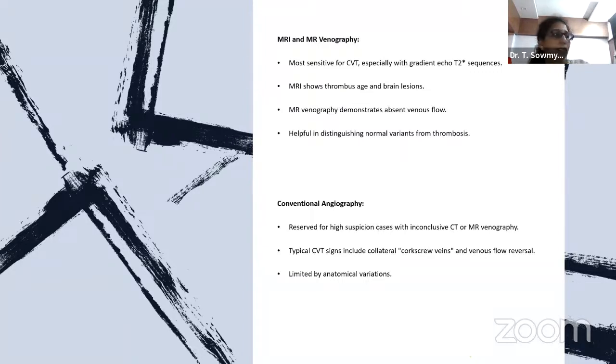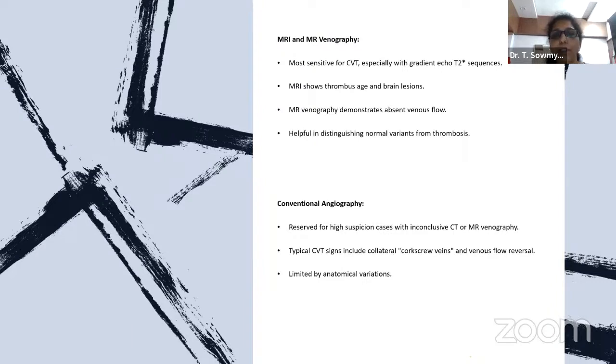On T2 weighted, we see hypo-intense lesions. If it is more than 5 days, on T1 and T2 they'll become iso-intense. And if it is more than a month, they'll be iso-intense. And if it is more than 5 days, hyperintense lesions will be seen when there is a thrombus in the sinus.